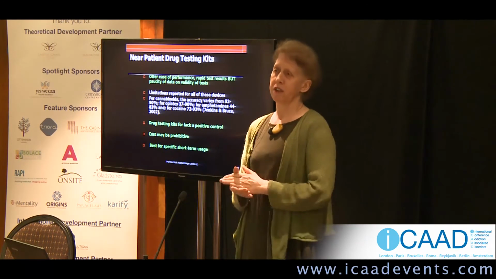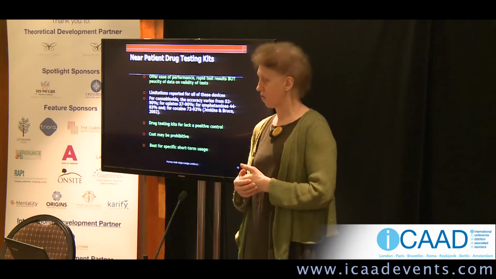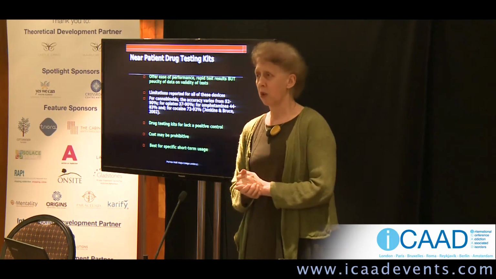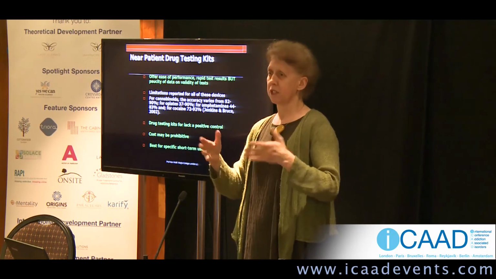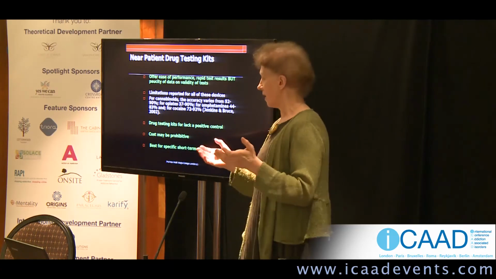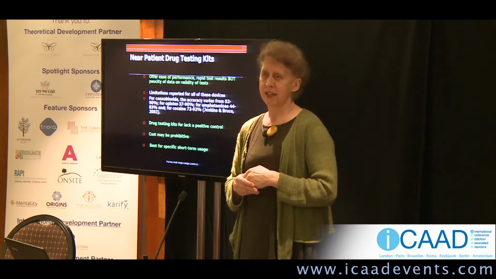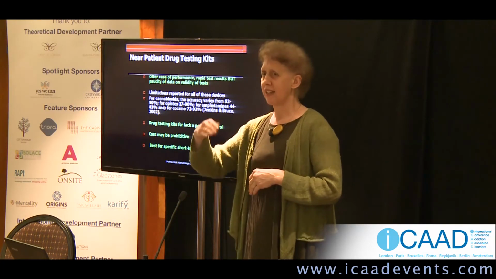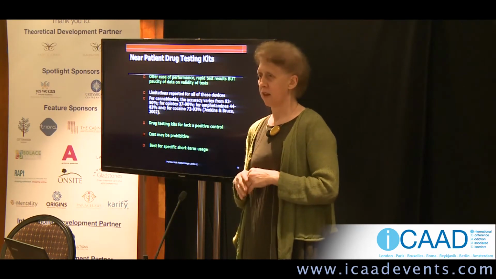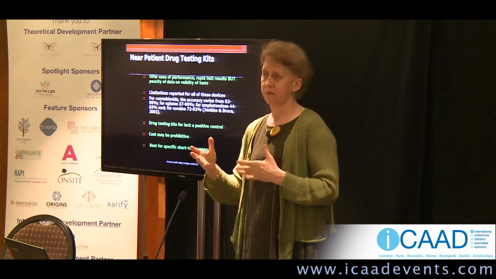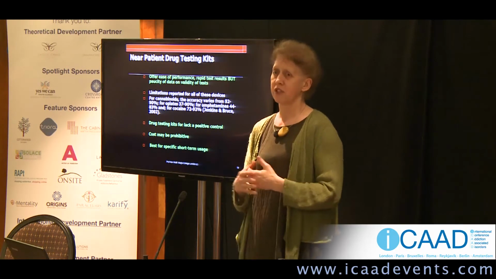Sometimes you will be able to find this from just Googling the manufacturer on the web and looking for specificity and sensitivity. Anything below 70-80% is not good, and ideally you should be looking for a test that's up towards the 90%, especially if you're making decisions based on these tests.